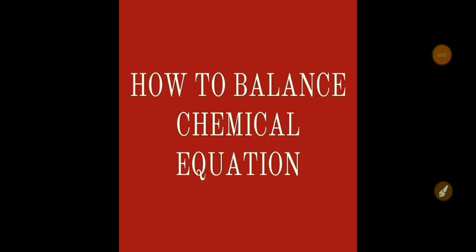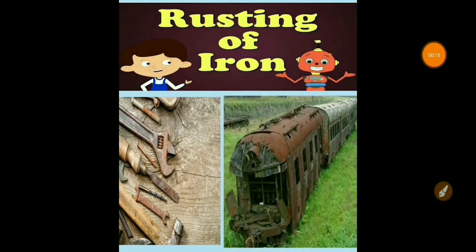Let us study how to balance a chemical equation by taking one example, that is rusting of iron, step by step, given in your NCERT textbook. Rusting of iron.